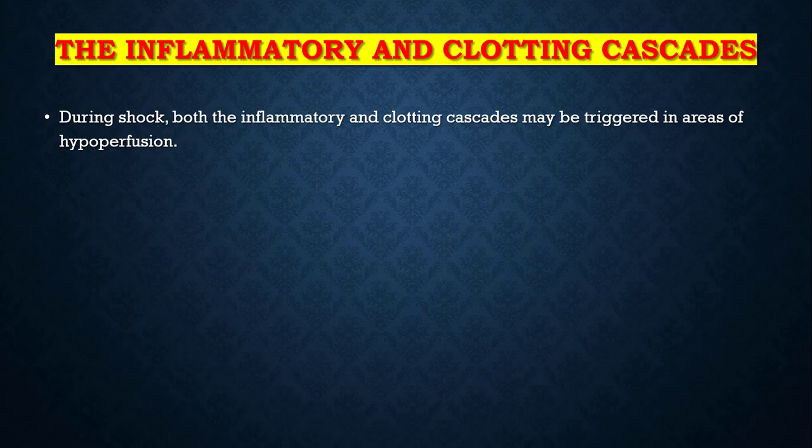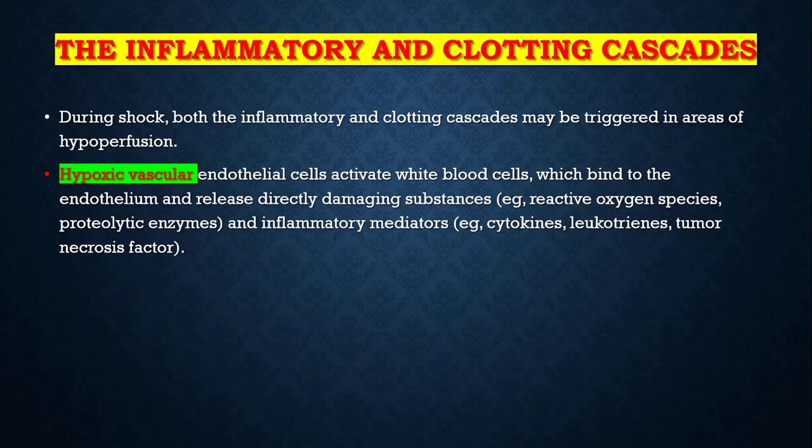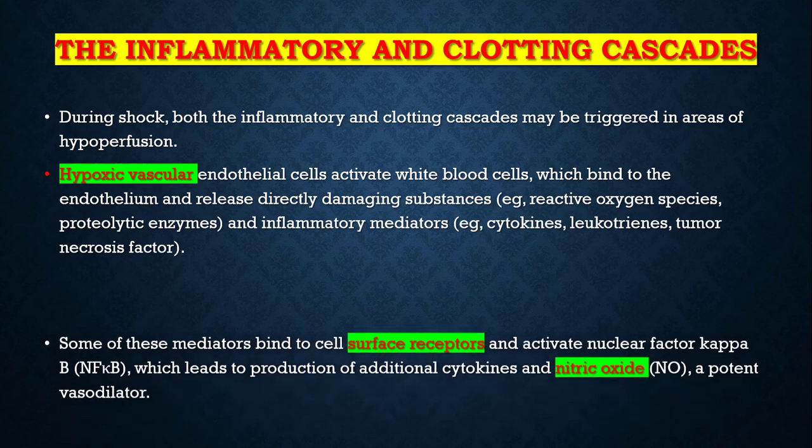The inflammatory and clotting cascade. During shock, both the inflammatory and clotting cascade may be triggered in areas of hypoperfusion. Hypoxic vascular endothelial cells activate white blood cells, which bind to endothelium and release directly damaging substances, for example, reactive oxygen species, proteolytic enzymes, and inflammatory mediators, for example, cytokines, leukotrienes, tumor necrosis factors.